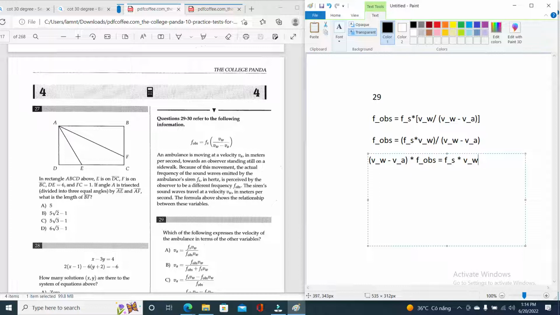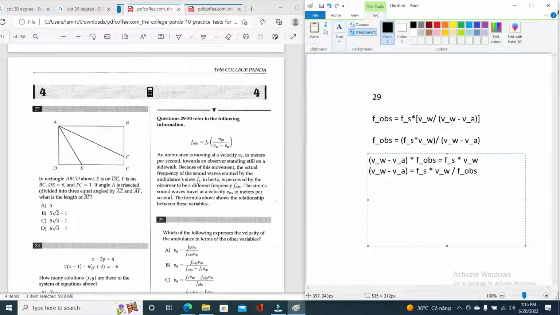Alright, so now we need to find VA, right? So VW minus VA is equal to FS times VW divided by F observed.